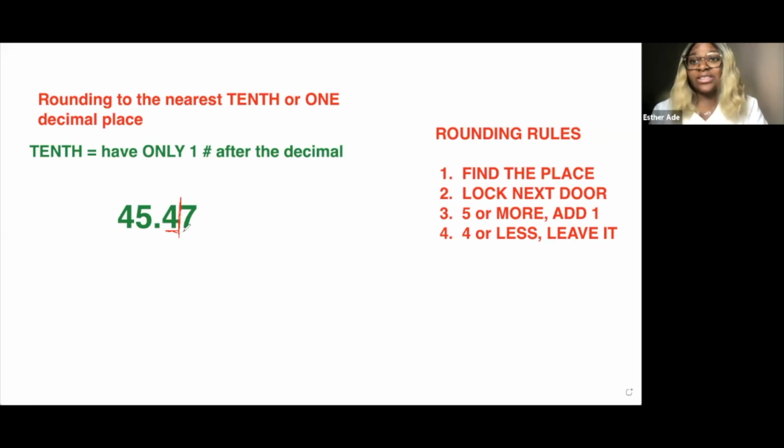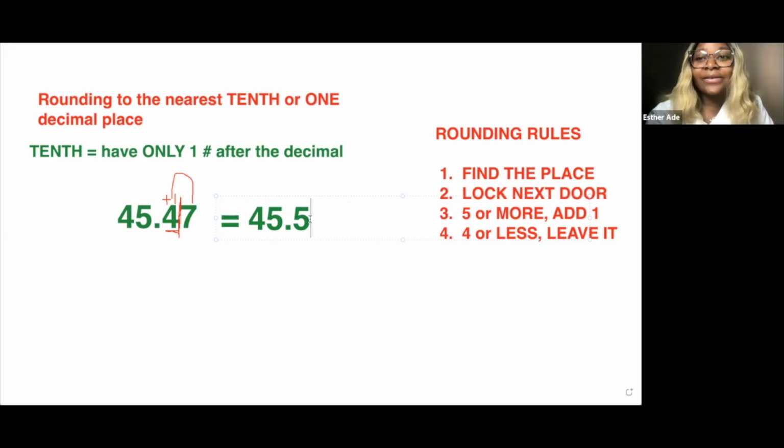Yes, it's 7. It's up to 5 and greater than 5. So that means I can do what? I can add 1. So I can bring it over here. It becomes 4 plus 1. So this then becomes 45.5. This will be my answer, rounded to the nearest tenth place, because I have just one number after the decimal. I really hope you got that.